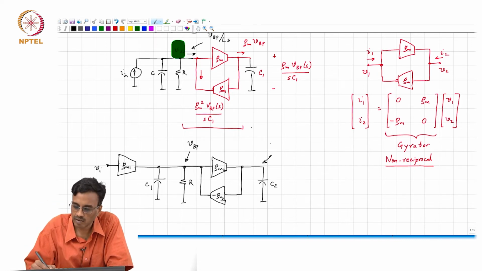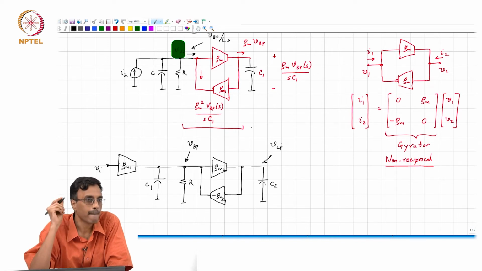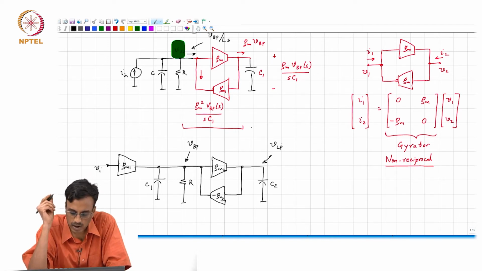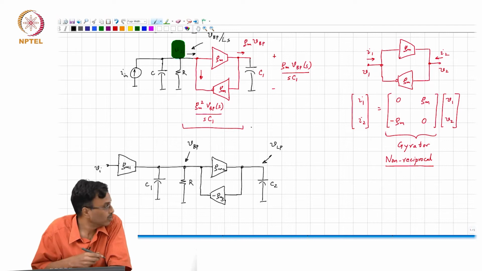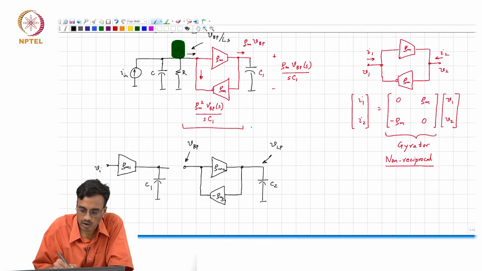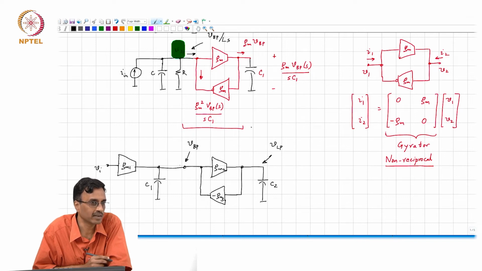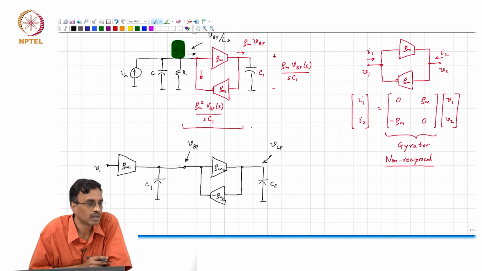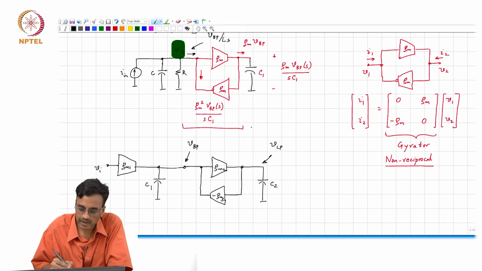So, this is VLP, all right, okay. And you know that a resistor can be realized using voltage controlled current sources. How can you use a voltage controlled current source to realize a resistor? Connect the output to the input.